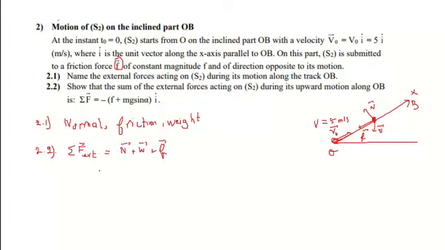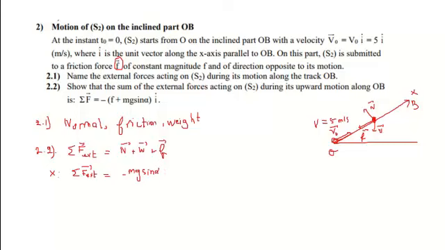Now we should know that the motion is along the x-axis. So if I want to take only the component along the x-axis, then the summation of F external along the x-axis only is equal to this; the normal will now go away. The weight is minus mg sine alpha i, since it's opposite.